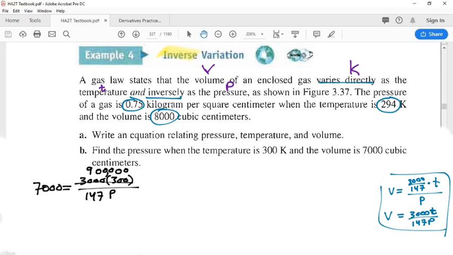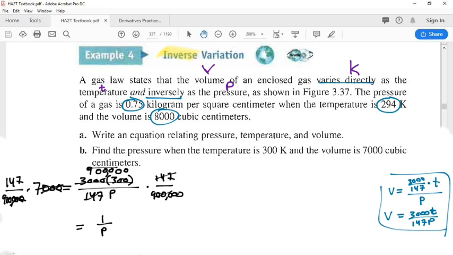And then we do kind of the same thing that we did before. We multiply both sides by the reciprocal, so 147 over 900,000, and multiply it to the other side also. This would become a 1 right here, and then we would have 1 over P. On this side, I'm going to divide by 1,000 because I can take 1,000 out of that 900,000.